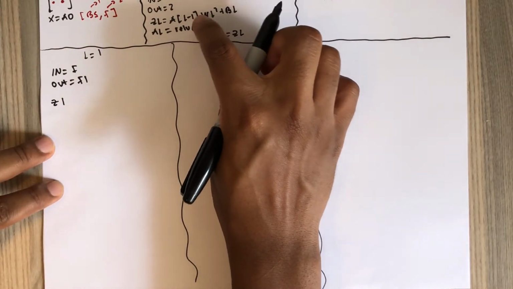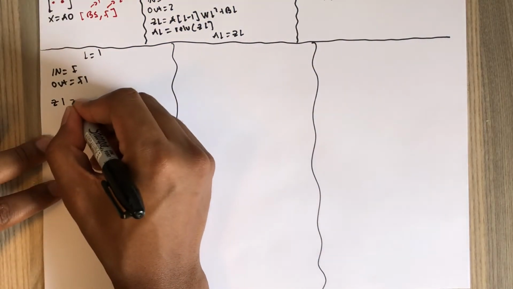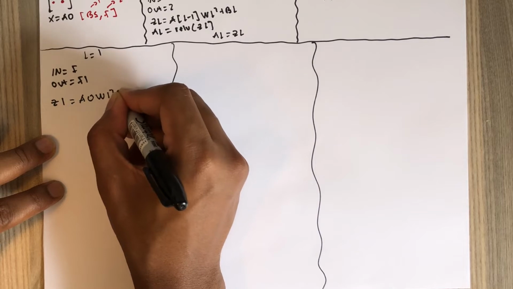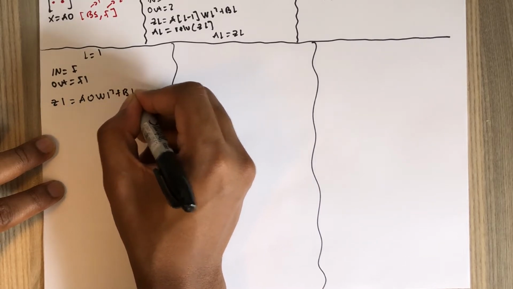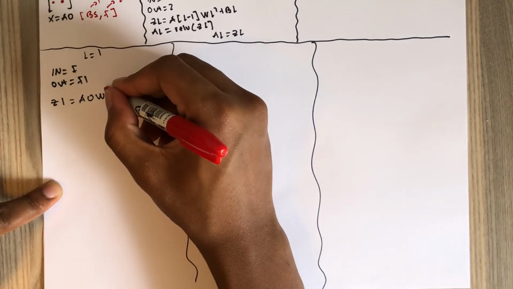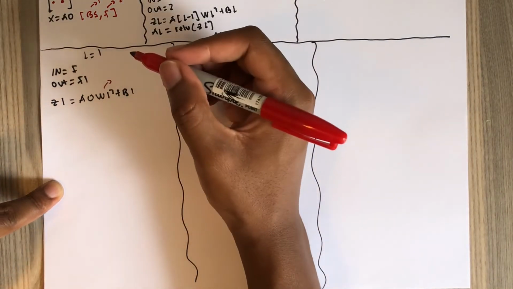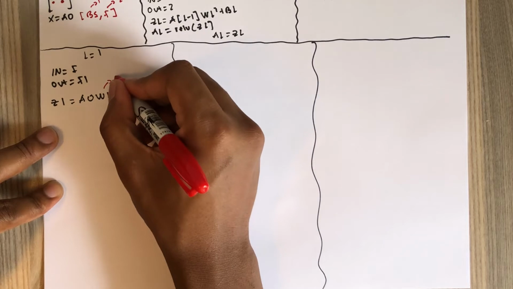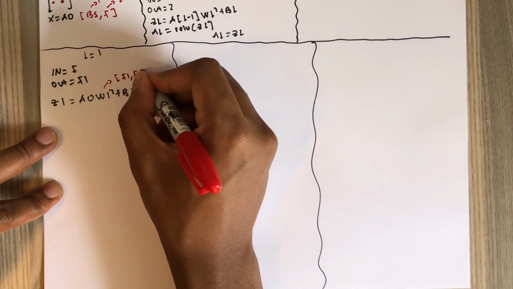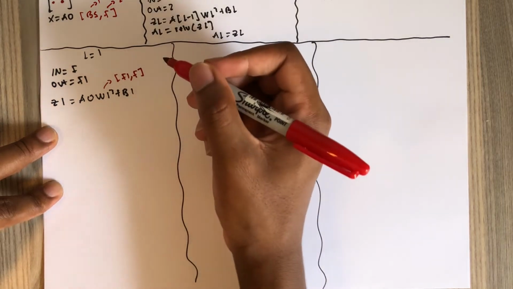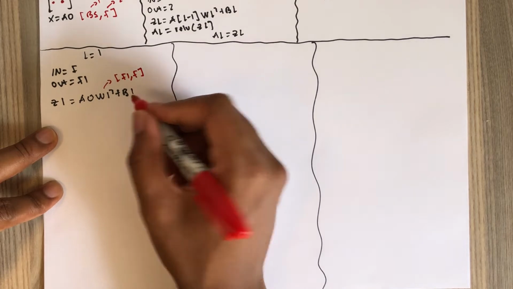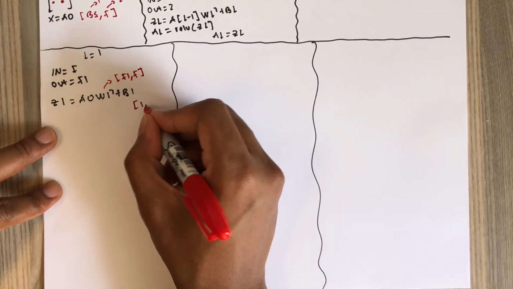We are going to use these formulas here: A0 W1 transpose plus B1. So for each layer L, the dimension of the weight is always f1 by f, and the dimension of b1, or BL, is 1 by f1.